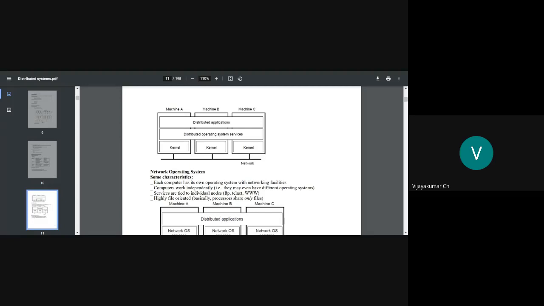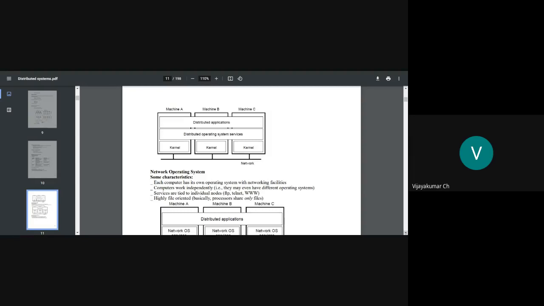That is file transfer protocol, Telnet, WWW, that is World Wide Web. The next thing is that it is highly file oriented. Basically, processors share only files.